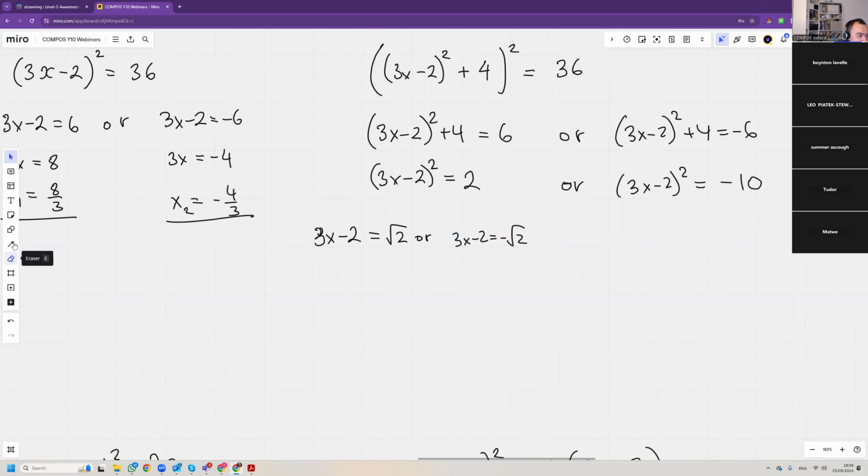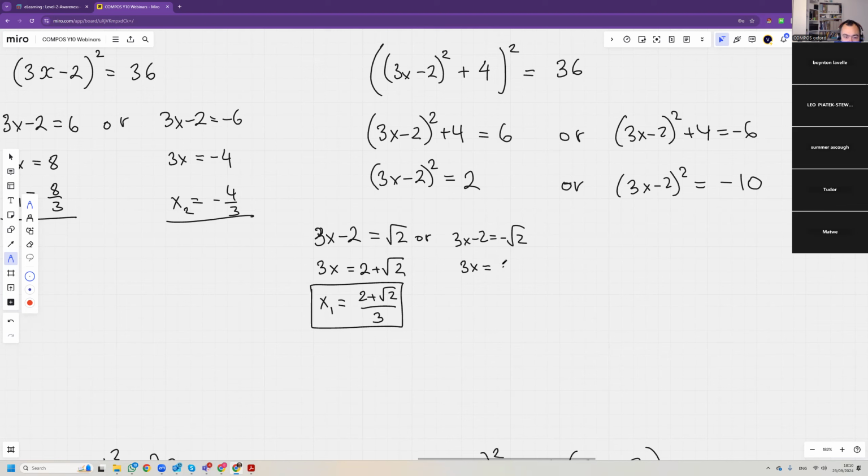Square root of 2 is approximately 1.4, but we try not to use approximate values in maths. So 3x equals 2 plus root 2, and then you divide both sides by 3. x is 2 plus square root of 2 over 3, and that's x1. Then 3x equals 2 minus root 2, and x2 is 2 minus root 2 divided by 3.